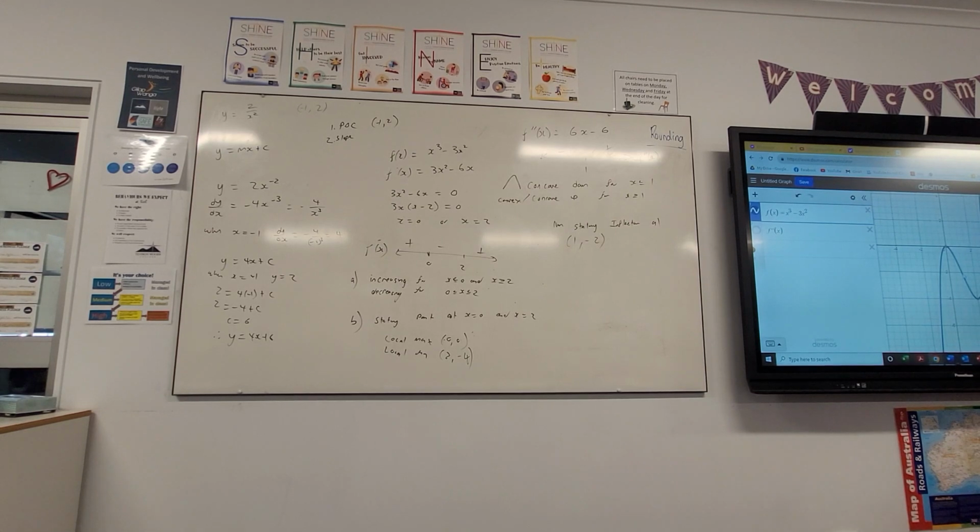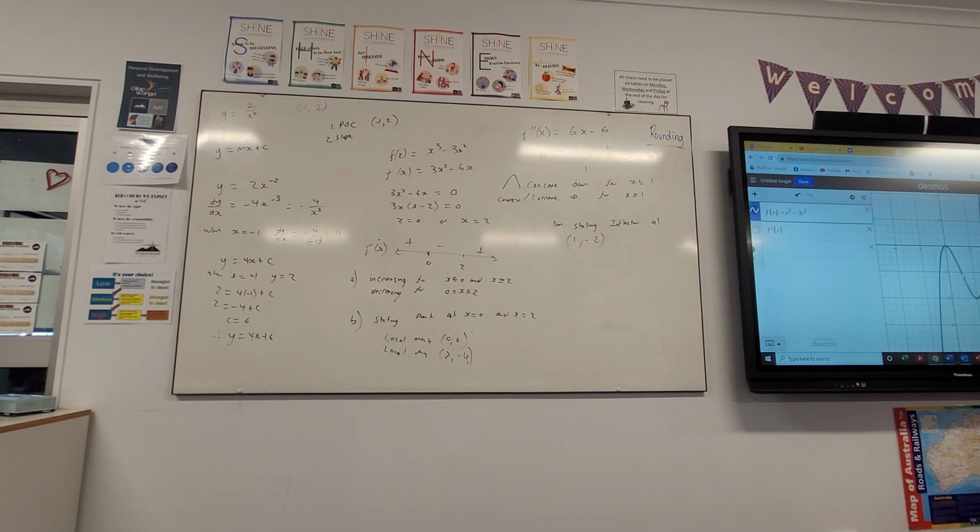Okay, so what are we doing in 3C and 3D? We're using calculus techniques. We're using sign diagrams of the second derivative and the first derivative to tell us about the original function. All information we can get from the graph anyway. All right, any questions about that?